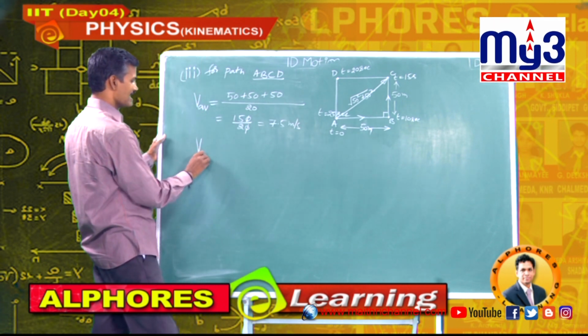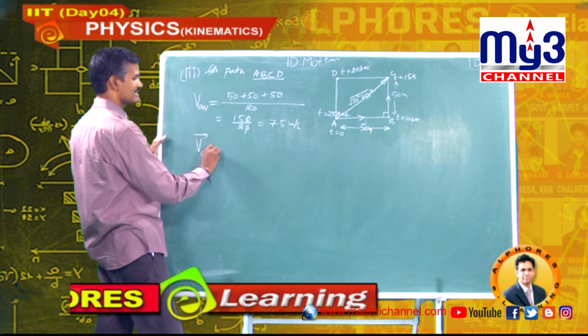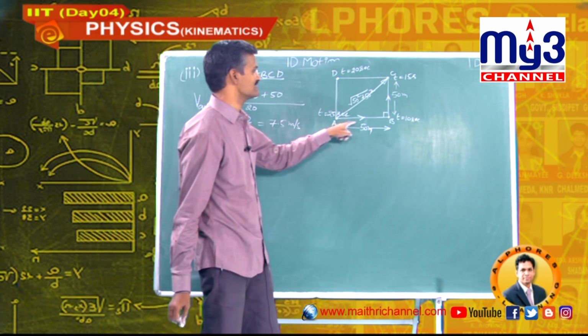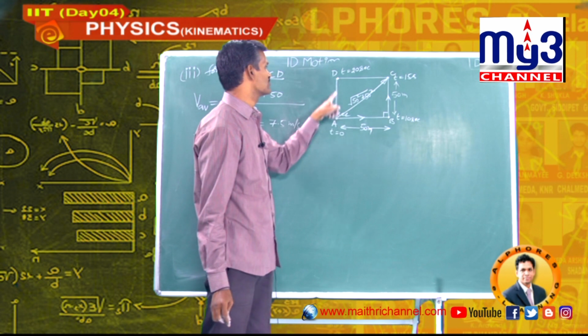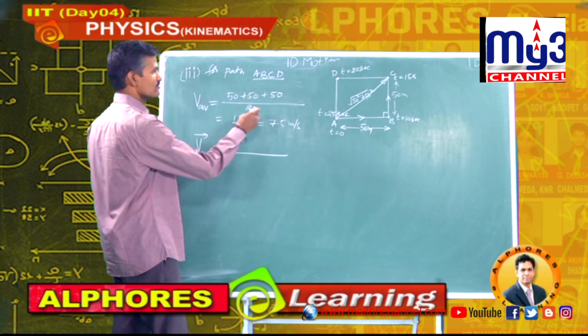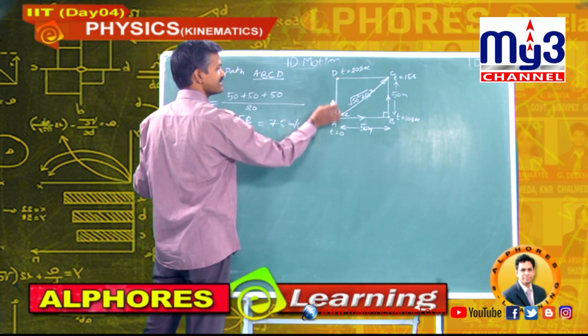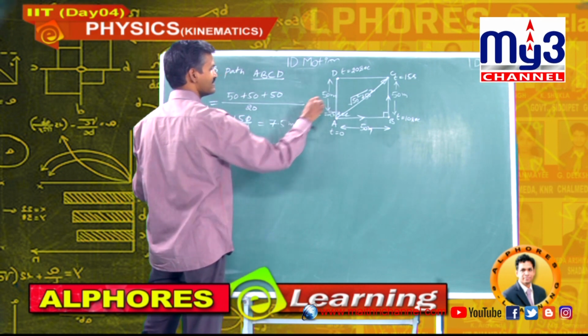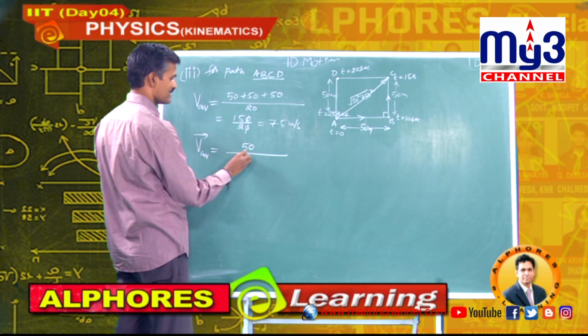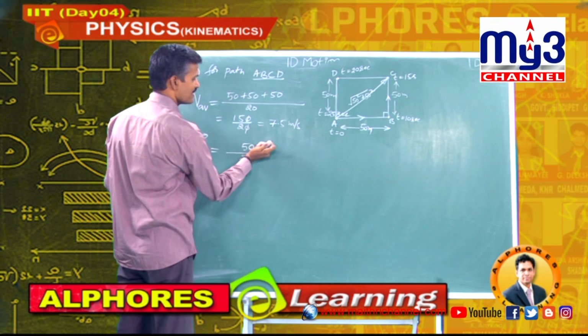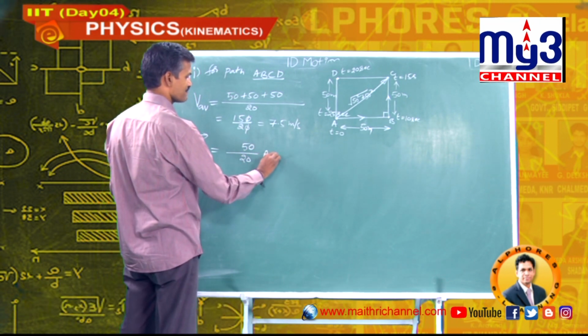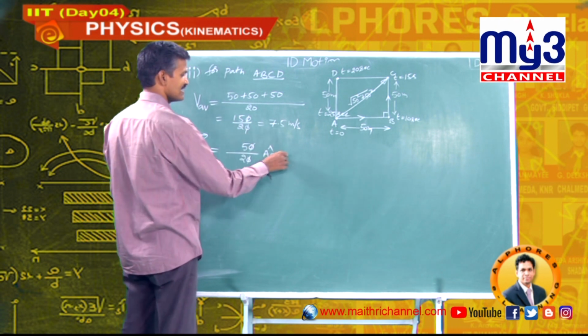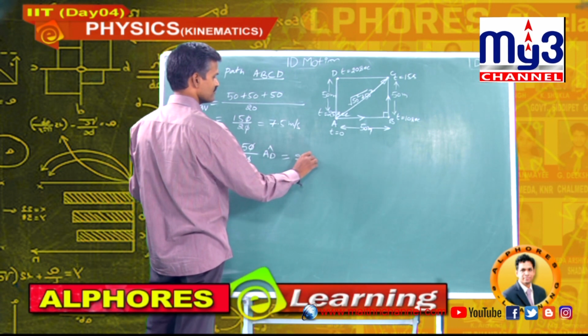What is average velocity? Average velocity is total displacement for this ABCD journey. Total displacement is AD, that is 50 meters, so 50 by time 20 seconds into AD cap. This 0 gets cancelled, this is 2.5 meter per second.